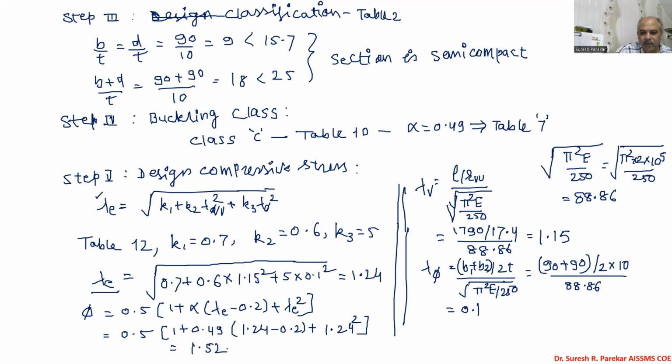Knowing this value 1.52, I can find the value of FCD. We have FCD equal to Fy upon gamma m0 divided by (phi plus root of phi square minus lambda E square) to the power 0.5.